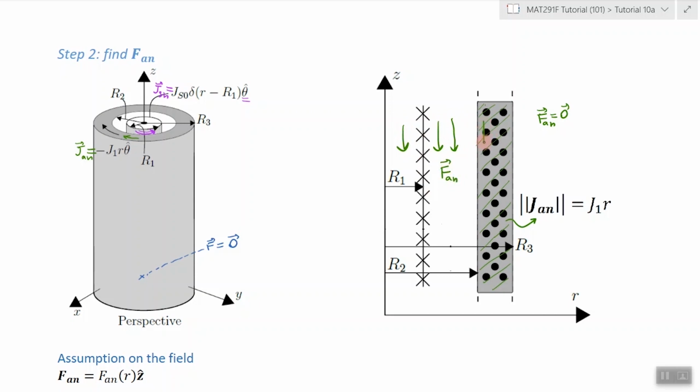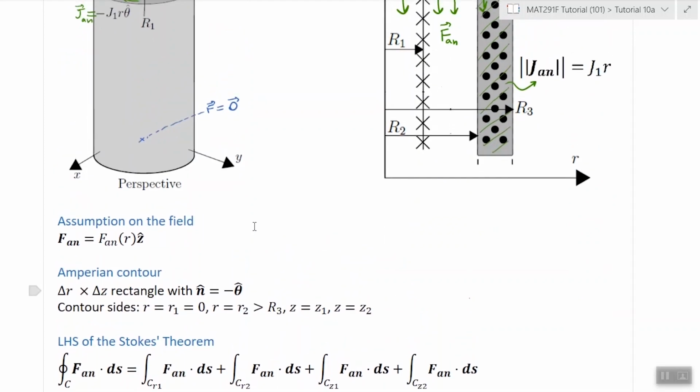And then within the body of this annulus, it's probably going to be something like this. We don't exactly know how it's going to go here. But the main thing I want to show you is that it's in the negative z hat direction, or it's 0. So we could write it like this. So it has a z hat direction. Well, in this case, we know it's negative, but we could put this negative inside of this scalar quantity. And we also know that the z component is going to be a function of r only, so only the distance from the z-axis. So similar to the way it was for the sheet.